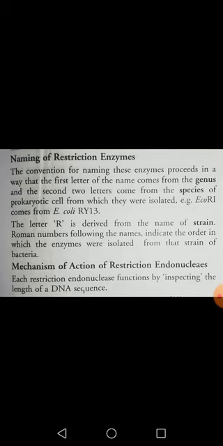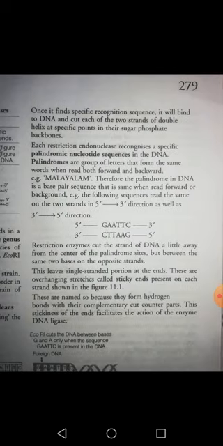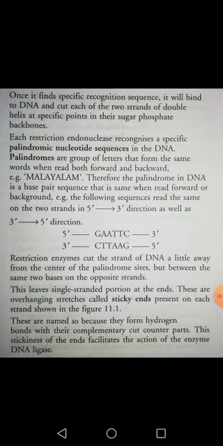As we know, each restriction endonuclease functions by inspecting the length of the DNA sequence. Initially, the restriction enzyme inspects the whole DNA, and while inspecting it, it identifies the particular sequence at which it has to cut the DNA segment.